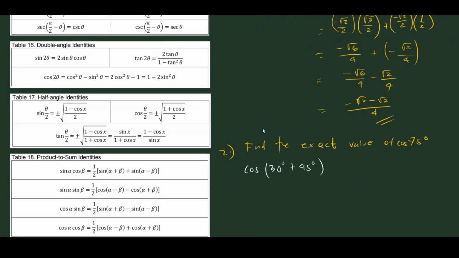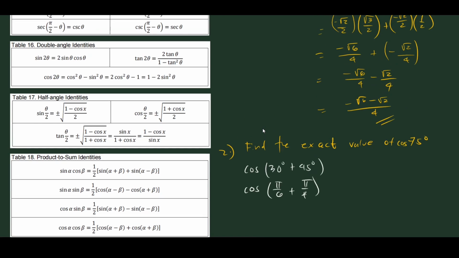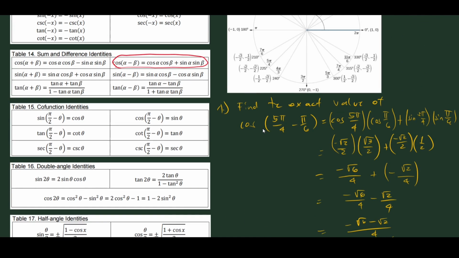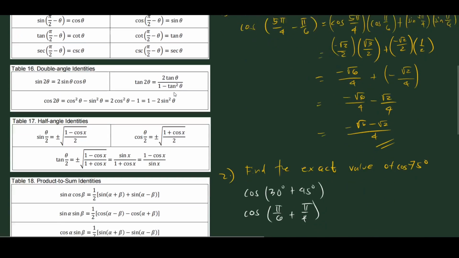Or let's express it in radian form: cosine of pi over 6 plus pi over 4. Let us now take a look at what formula we're going to use. We're going to use this right here. Instead of a plus sign, we get a minus sign.